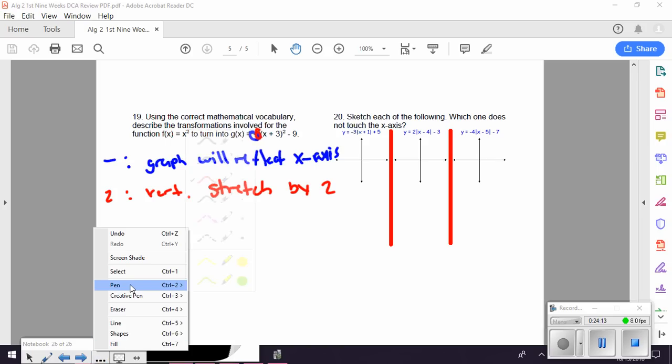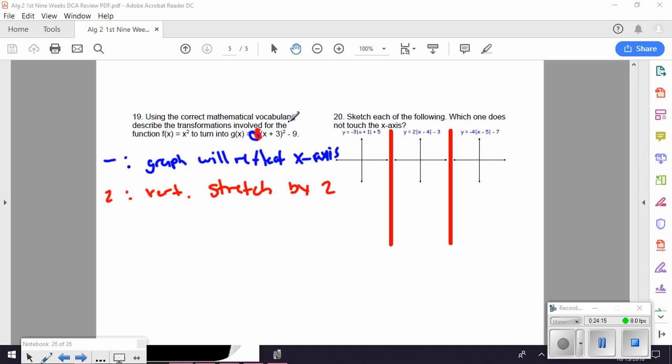The next thing I notice is a plus 3 inside the parentheses. When you have a plus 3 in parentheses, you do the opposite, which means you're supposed to minus 3. So that would cause the graph to shift left 3 units.